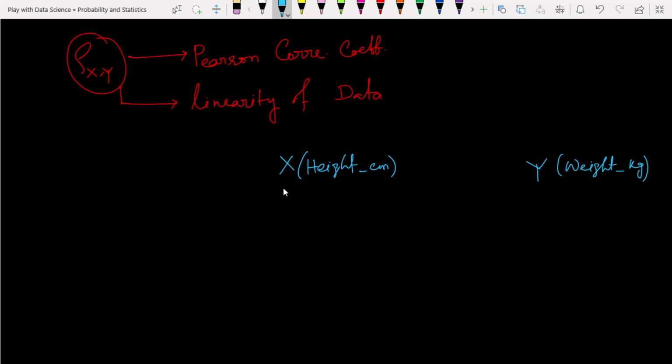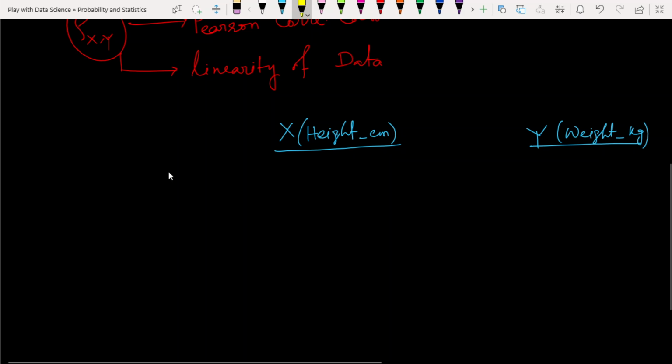We have collected these values for 5 students: the first, second, third, fourth and fifth student.